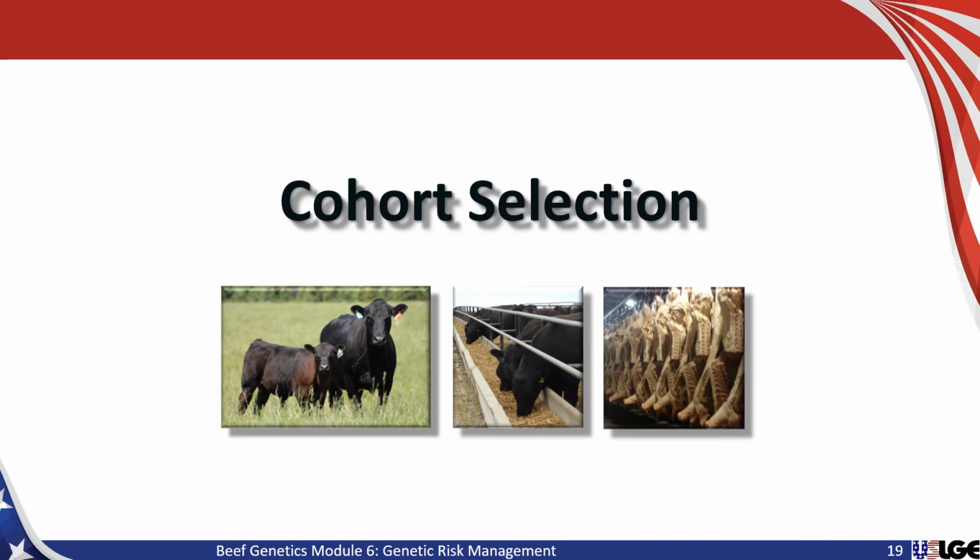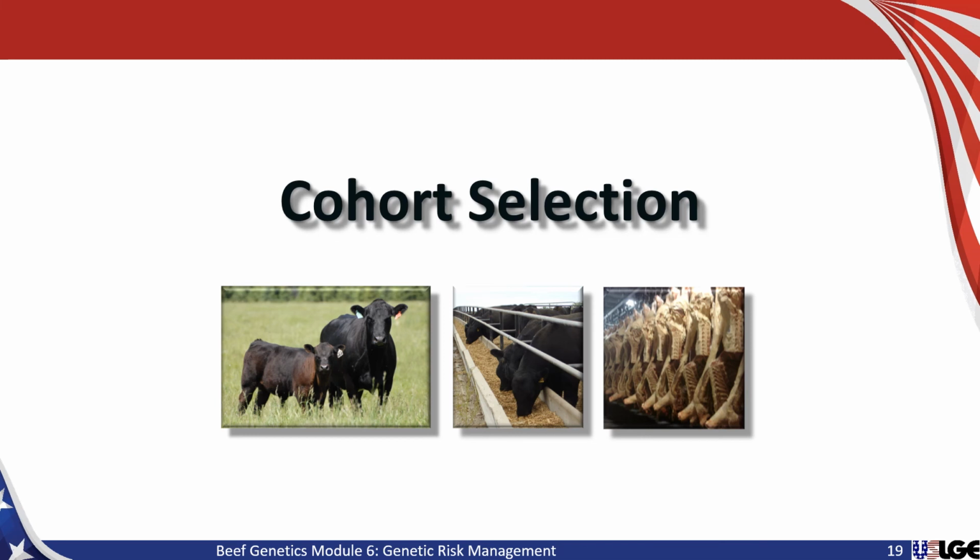Another useful way to control genetic risk is to think about cohort selection. We know in many cases producers, either seed stock or commercial, will buy a number of bulls at one time to turn out and mate in a natural service breeding environment, whereas a number of bulls are turned out with a group of cows.